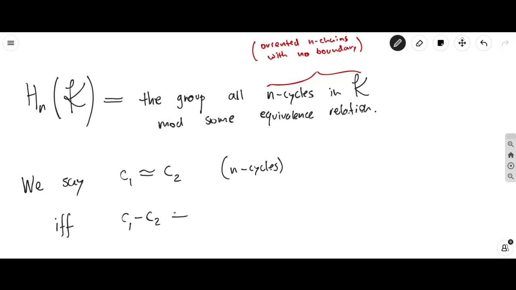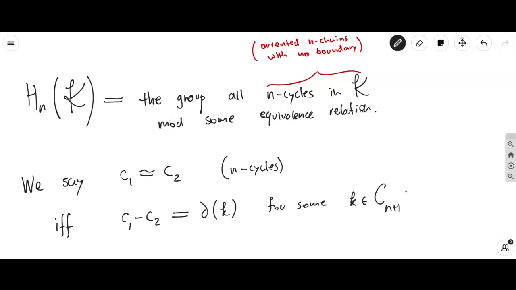That would mean that their difference is the boundary of something else, the boundary of k, lowercase k, for some lowercase k that is one dimension higher.